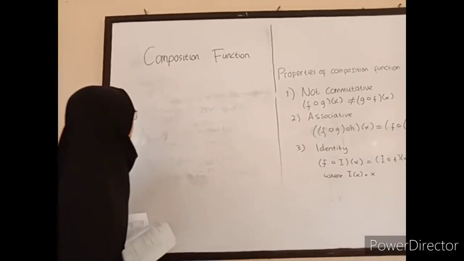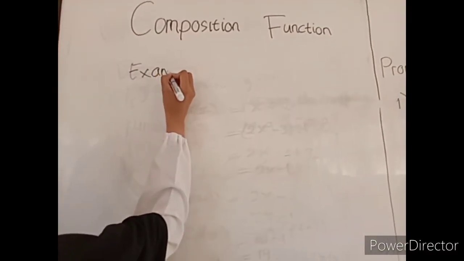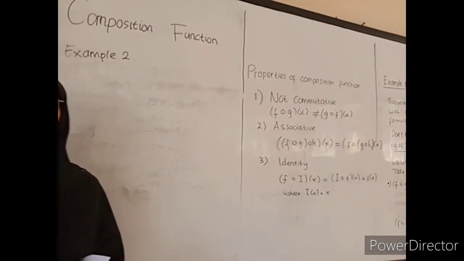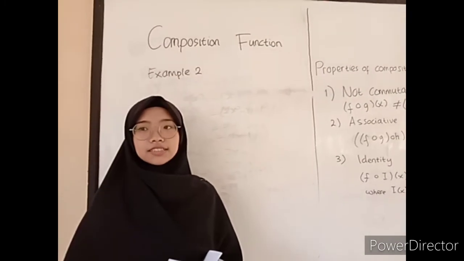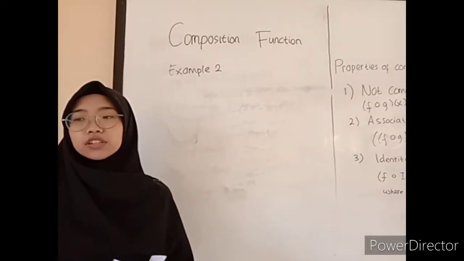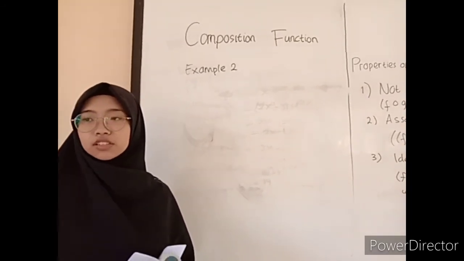Okay. For the next example, example 2. I want one of the students to solve this problem here on the whiteboard. First, you can discuss with your friends, with your chairmate, and then solve it.